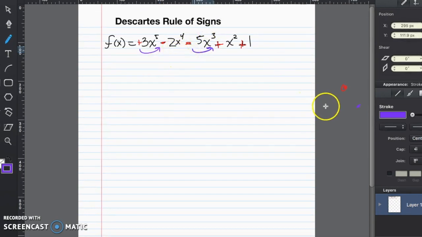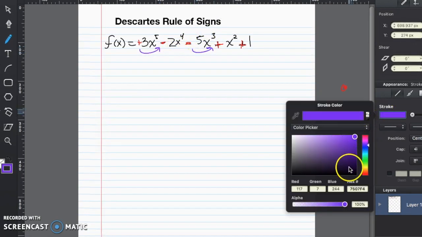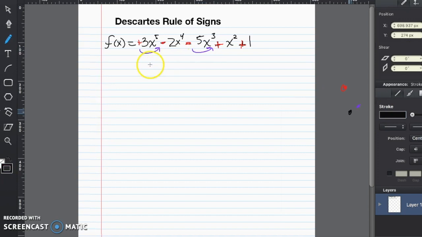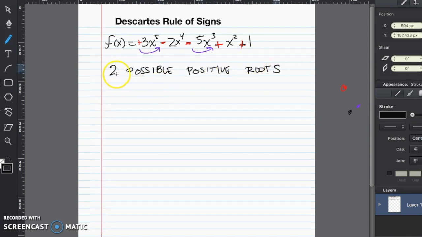So for this polynomial, I have, let's see, two possible positive, and I might have two, but I also might have zero. It's 2 or 0, right? Two of those roots could be complex, so they wouldn't be positive, I should say positive real roots, okay?